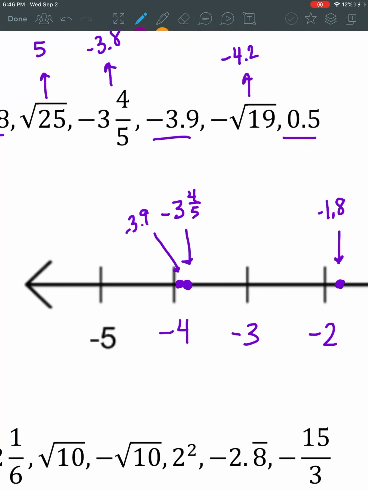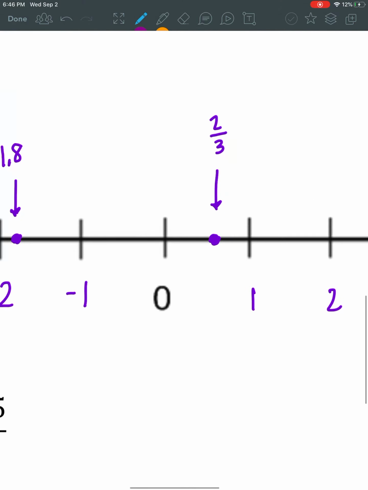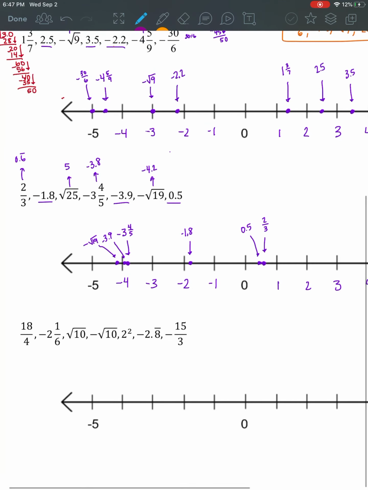That is negative 3.9. Negative square root of 19, so that was negative 4.2, so that is about right here. And I'm running out of room to label all of these. So negative square root of 19. And then 0.5, so a little less than our 2/3. That's going to be right in the middle.